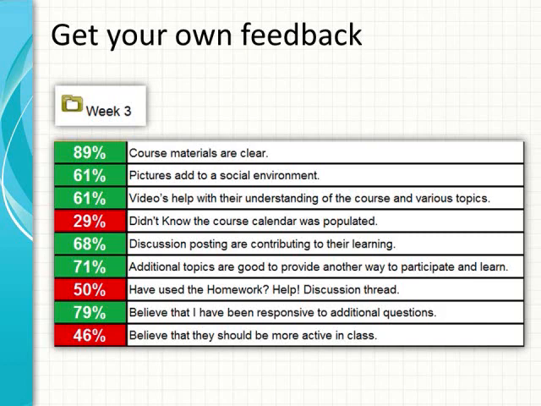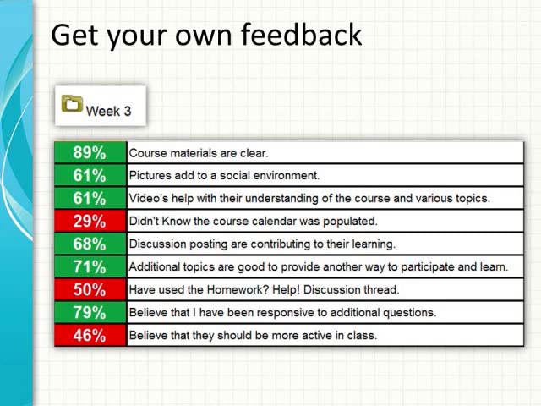And that even with all of my efforts around the course calendar, a number of students are still not using it. I know that these additional discussion postings are contributing to their learning, and that all those additional topics are a good way for them to participate and learn. I'm sure this percentage went up after week 3, but at that time, not many of the students had used the homework help discussion thread.